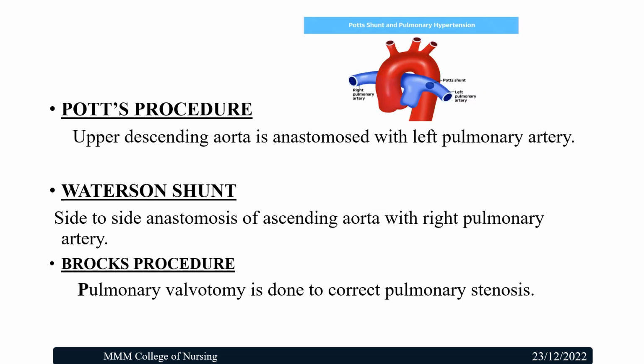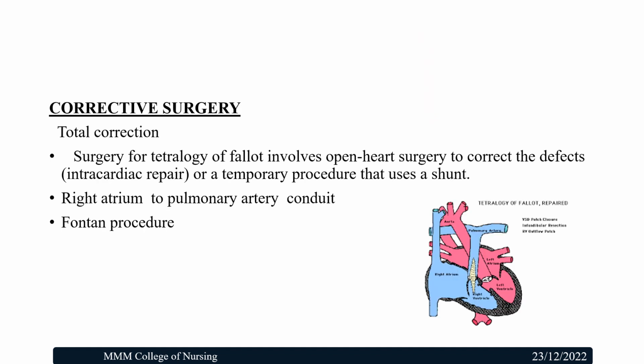Next, coming to the Potts procedure, the upper descending aorta is anastomosed with the left pulmonary artery. Next is Waterston's shunt, a side-to-side anastomosis of the ascending aorta with the right pulmonary artery. Next, the Brock's procedure: pulmonary valvotomy is done to correct the pulmonary stenosis.